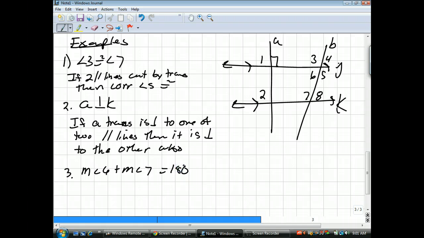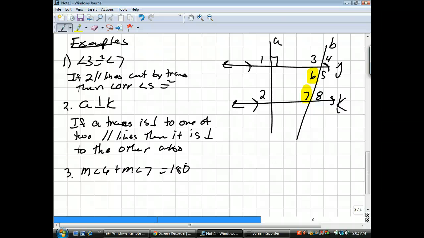Okay? Well, looking at our picture, angle 6 and angle 7 are right there. Right? And what kind of angles are those? Those are same side interior angles formed by two parallel lines and a transversal.